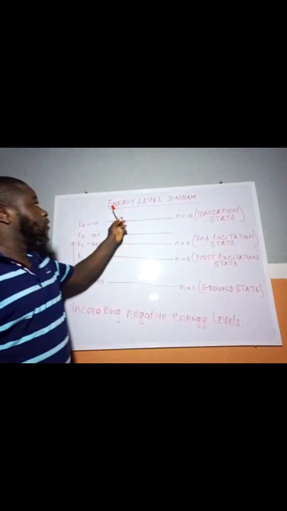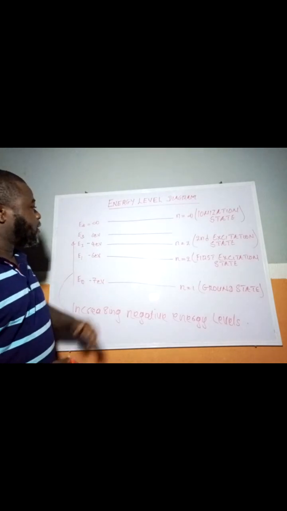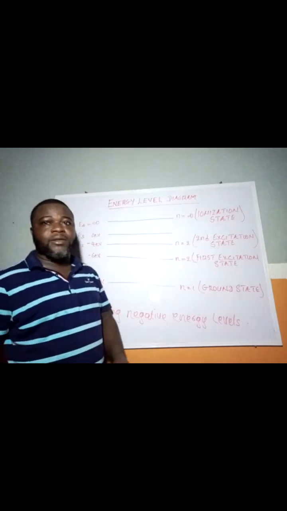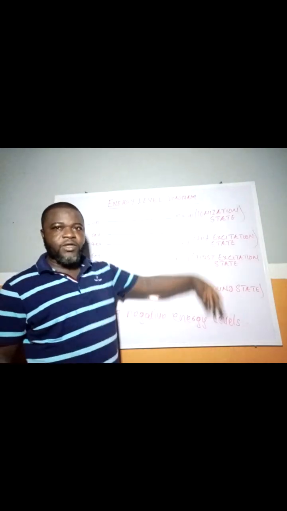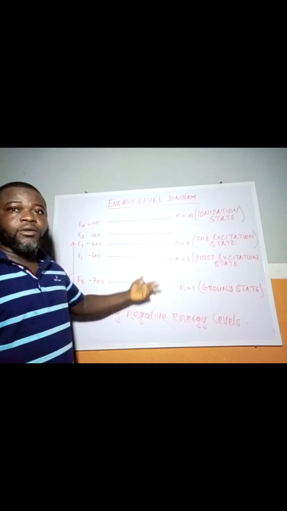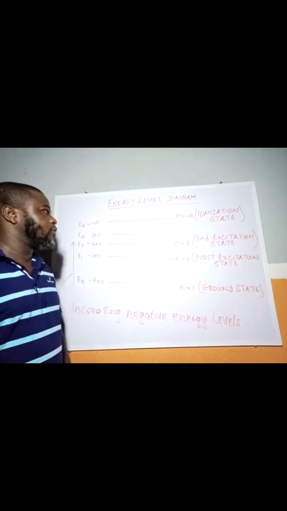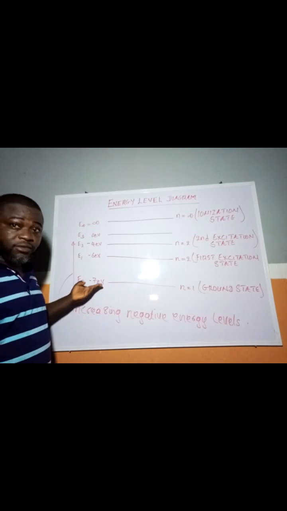Today, we're going to talk about the energy level diagram. In the last class I tried to explain this, but I omitted some definitions. I only explained how the electron can move from one energy level to another. As you can see, I still make use of -7 electron volt.